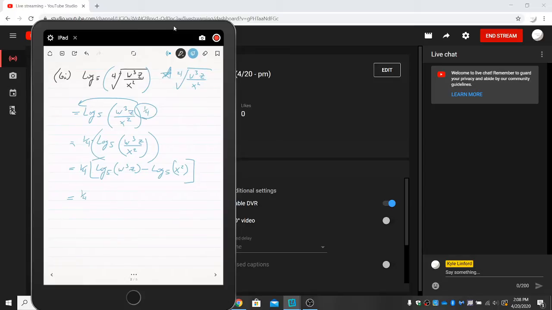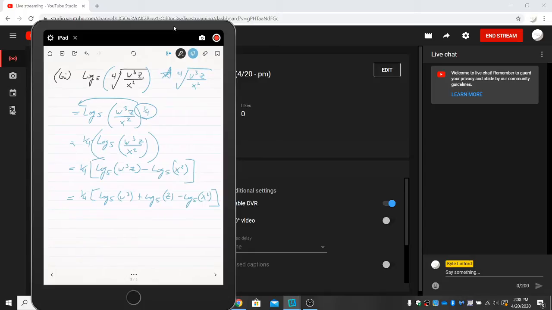We have 1/4 times, let's take log base 5 of w cubed plus log base 5 of z minus log base 5 of x squared. Okay, we've gone through and we've now separated the w, the z, and the x.